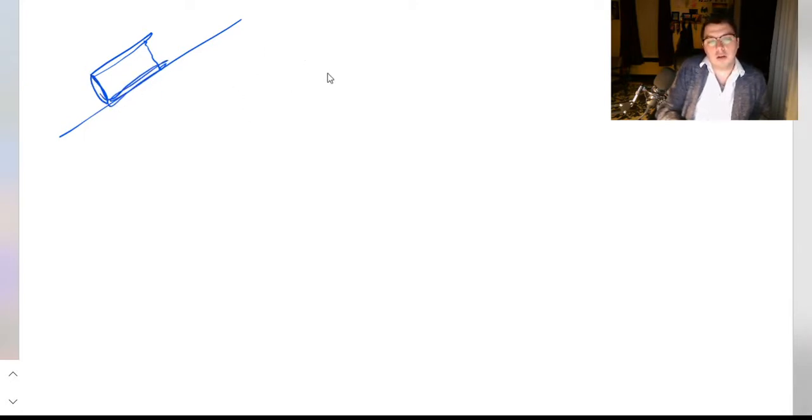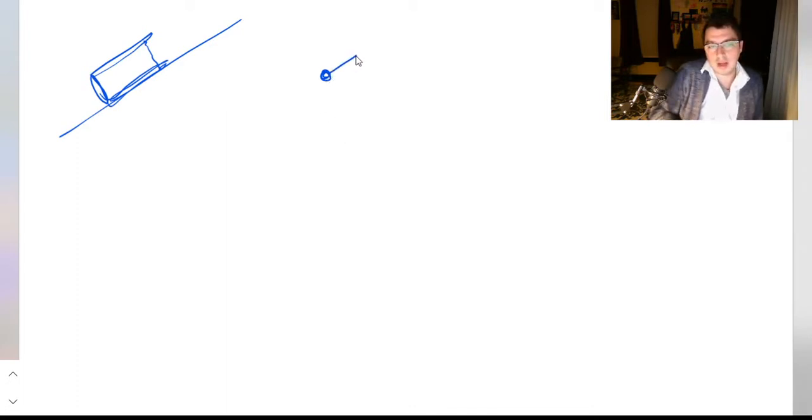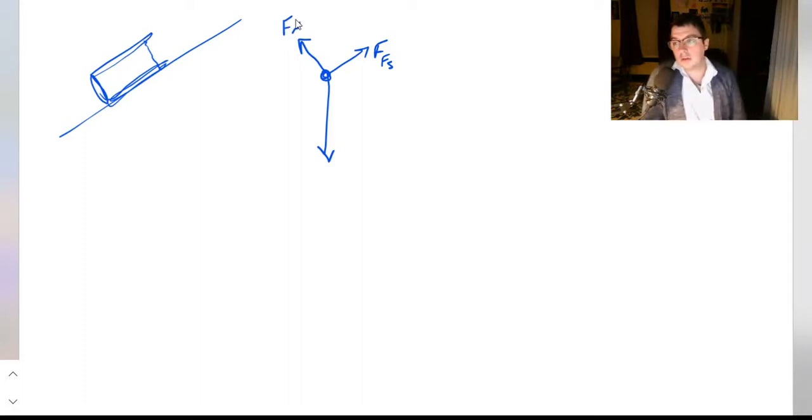The force diagram, if we are considering the moment just when it starts to move, that's when we have our maximum static friction force, force of friction static. We have our downward weight, and then we have our normal force. Those are the three forces acting on our box.